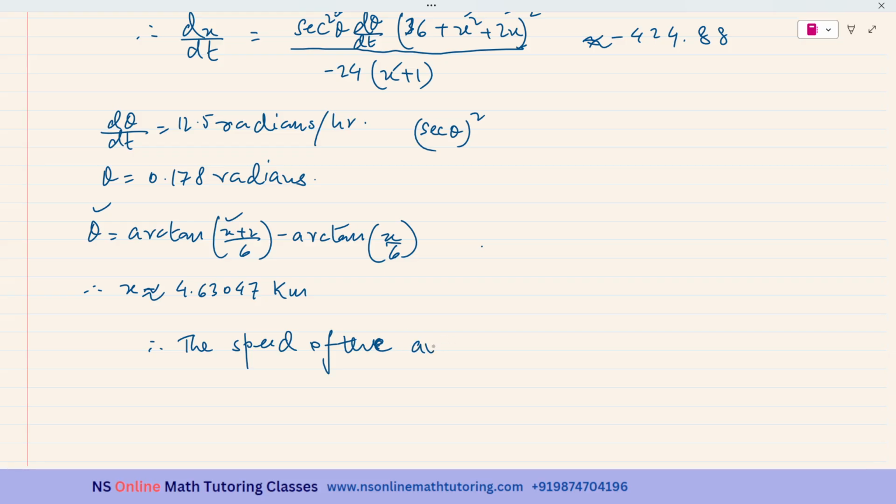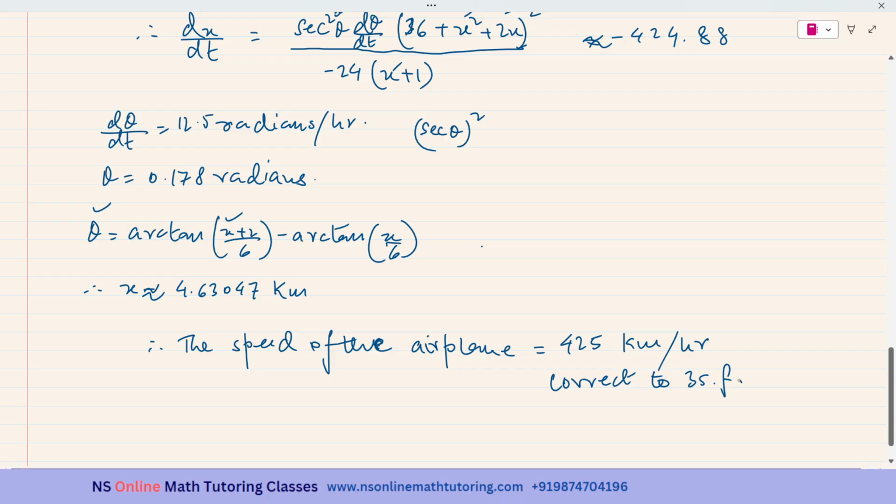The speed of the airplane is equal to 425 kilometers per hour, correct to three significant figures. Okay. And so we have completed solving this question.